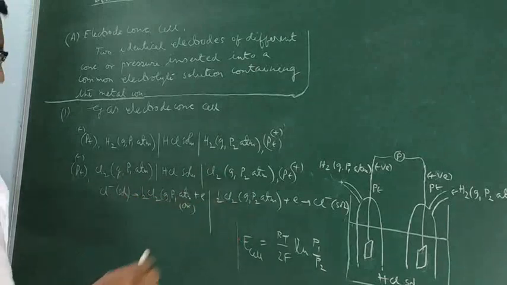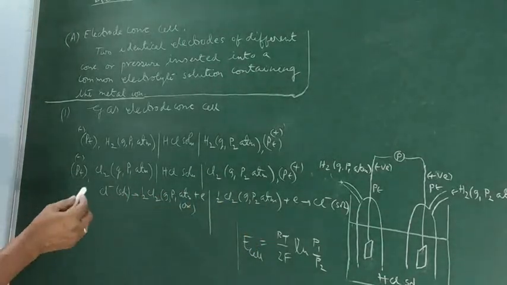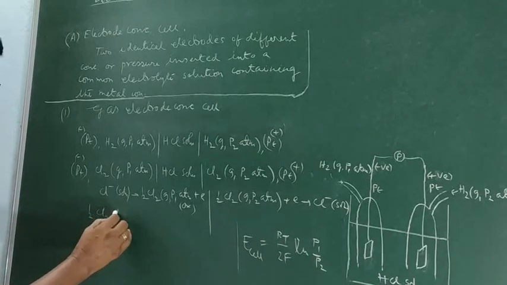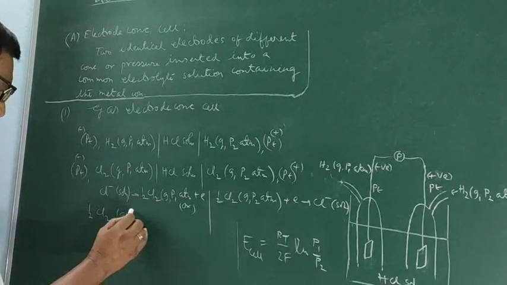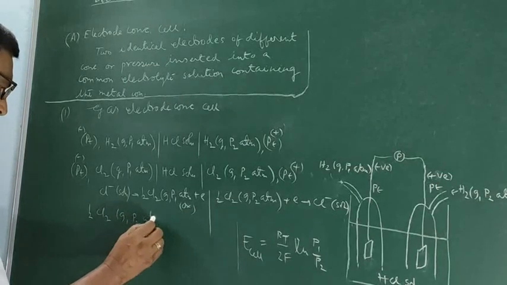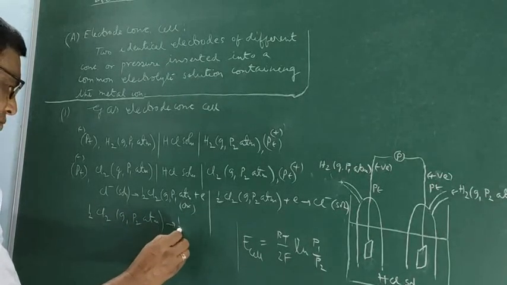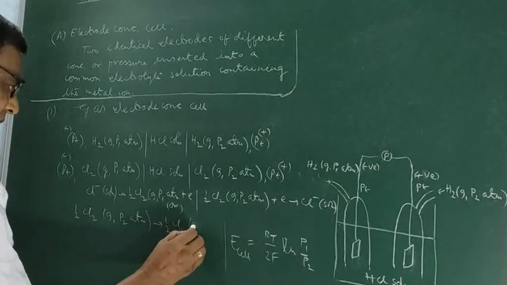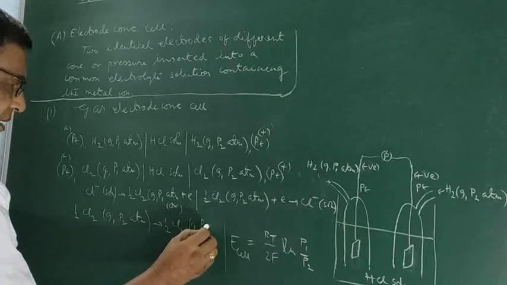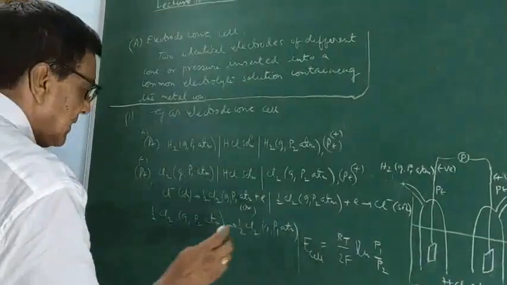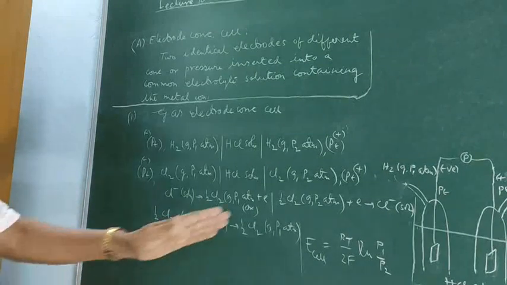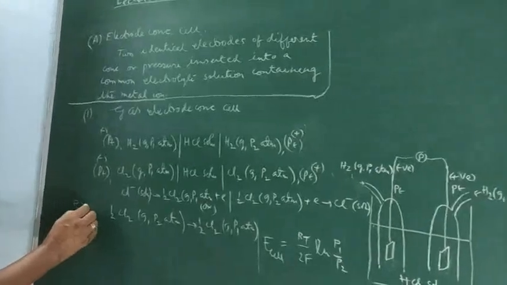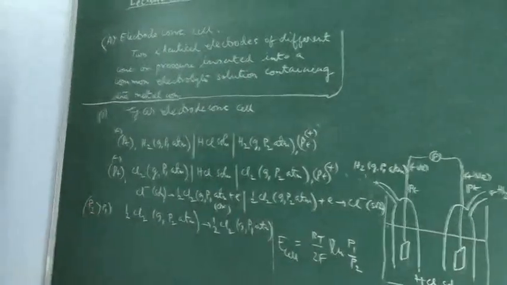So in this case, if we add these two, then half Cl2 gas at P2 atmosphere is transferring to half chlorine gas at P1 atmosphere. Here the gas is transferred from right to left, meaning P2 is greater than P1.